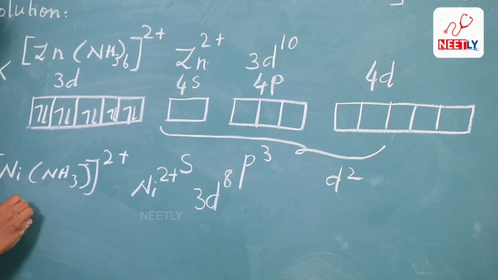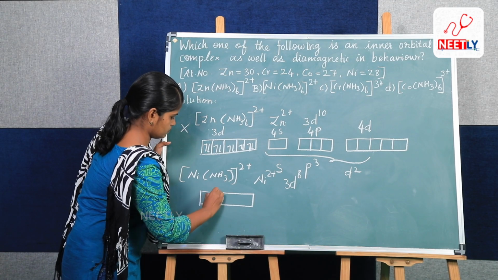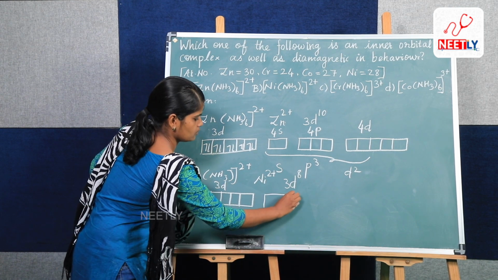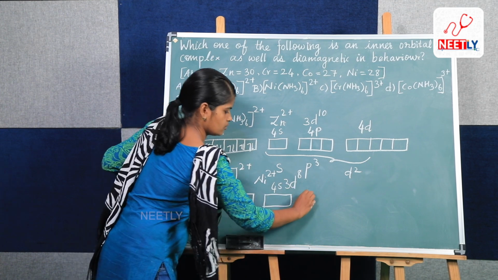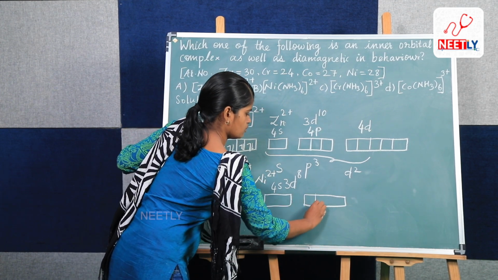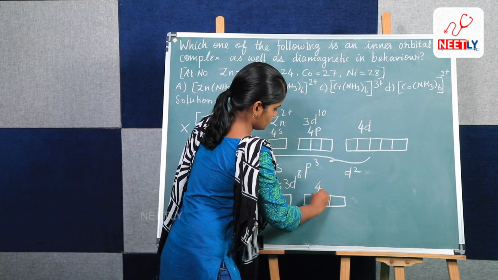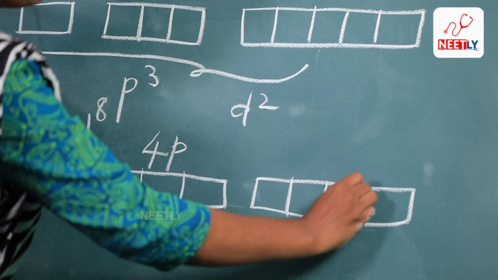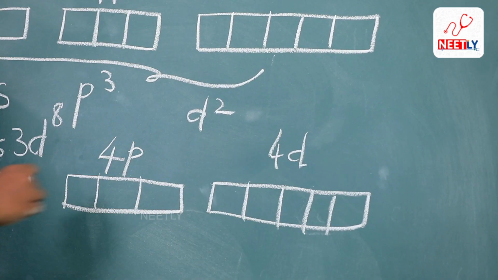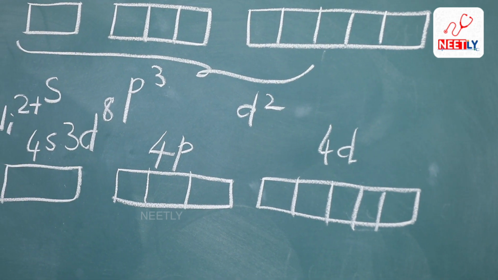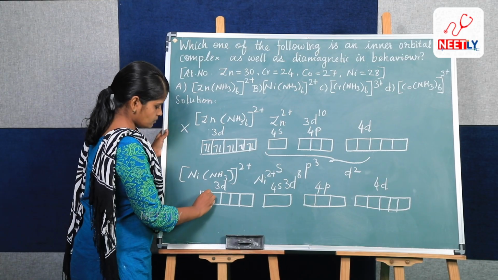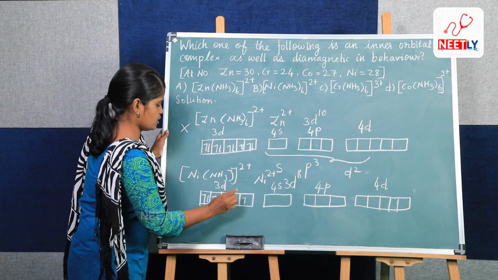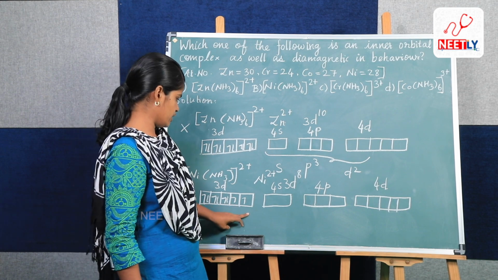And if we write this in orbitals, 4s, 4p, 4d. So, if I fill the 3d electrons here in the 3d orbitals, then 6, 7, 8, and here 2 unpaired electrons are there.